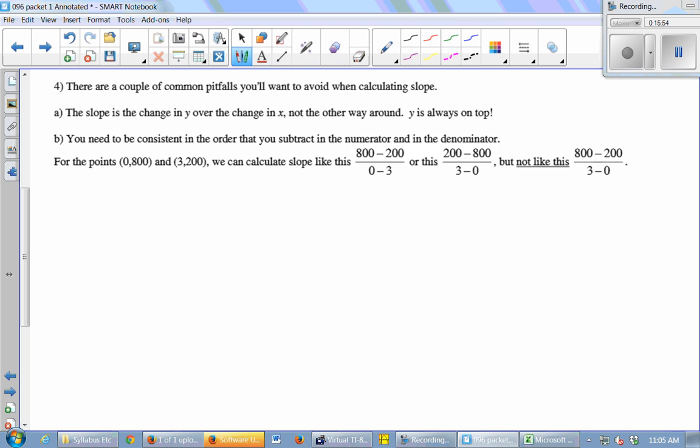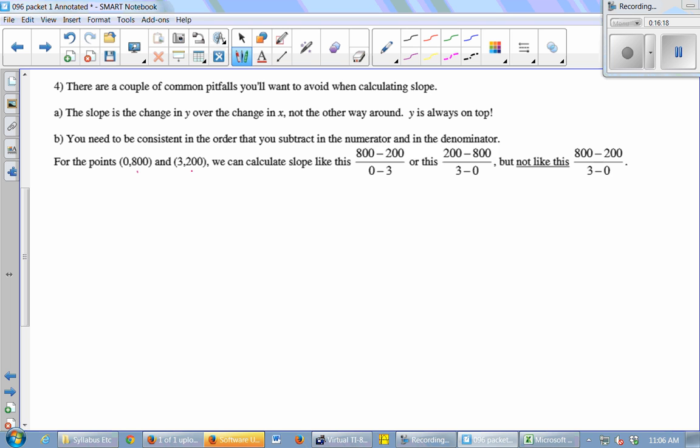You can do either direction, but you have to do both coordinates in the same direction. So if I want to do 0, 800 and 3, 200, if I do 800 minus 200, I have to do the same direction for the x coordinates. I have to do 0 minus 3.